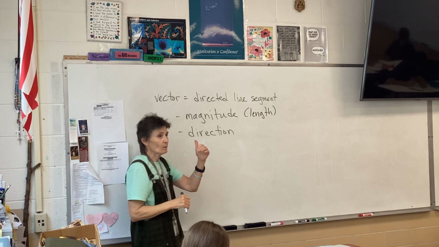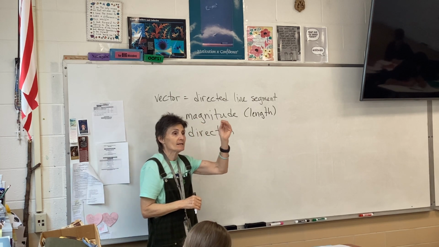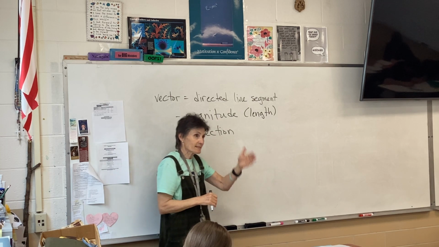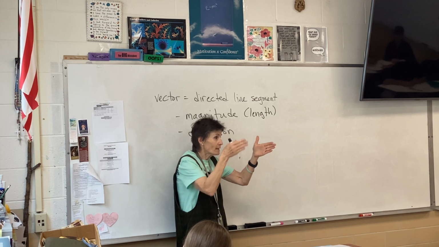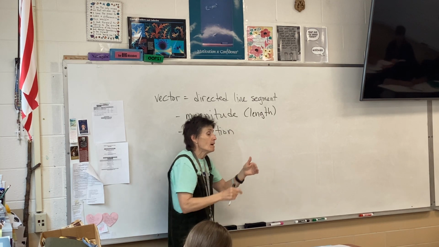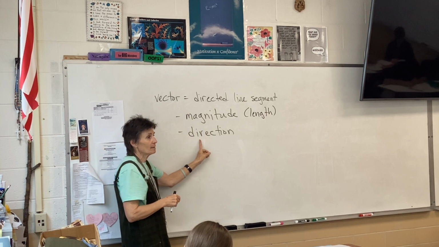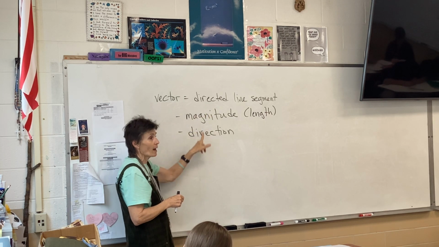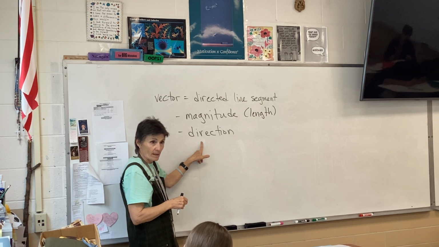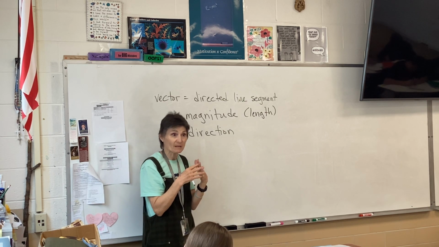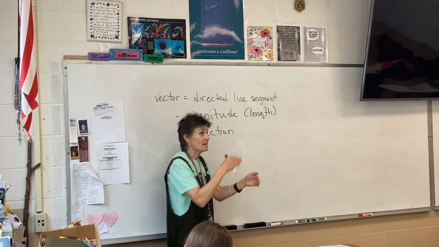So when we say we're a directed line segment, do line segments have length? Yeah, they go from point A to point B, they have a length. But unlike a segment, a vector also has direction. Okay, so you're moving specifically from point P to point Q.